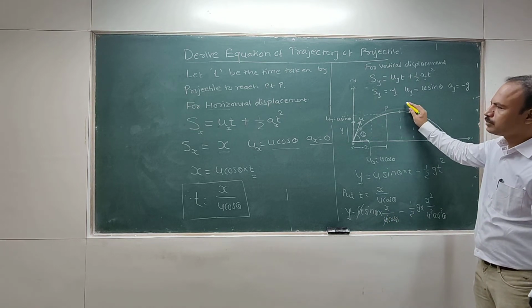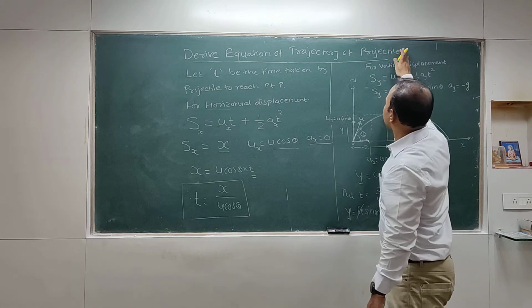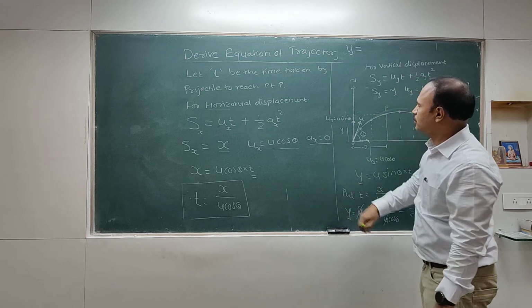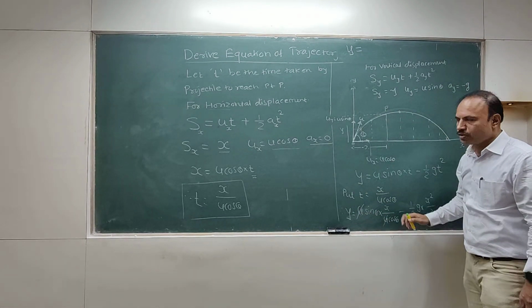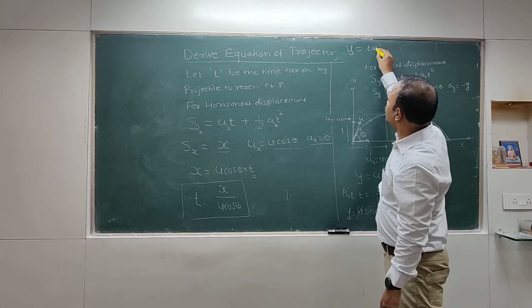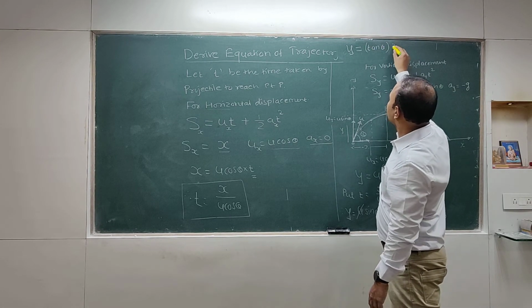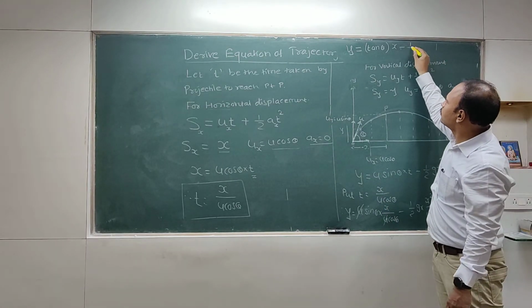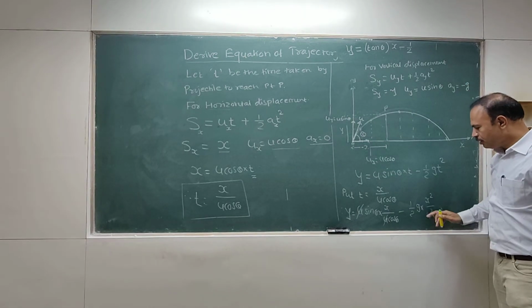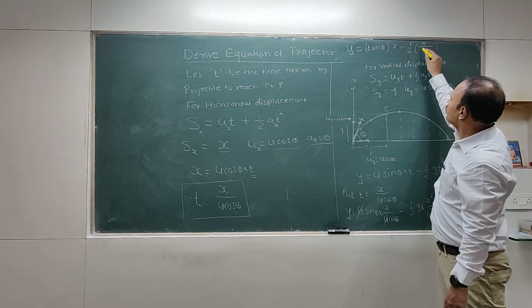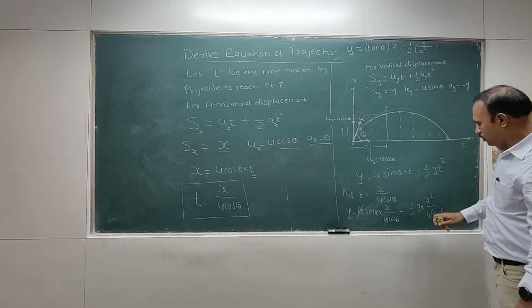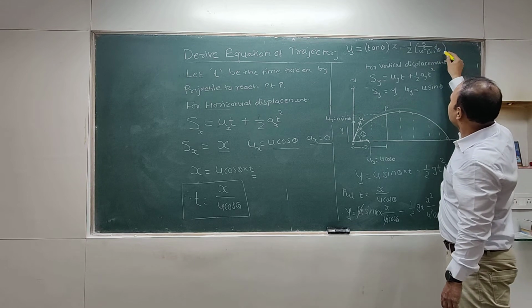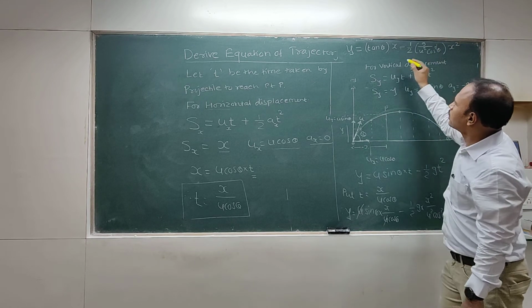I'll write it for you. y equals sin by cos, tan theta into x, minus half g by u square cos square theta into x square.